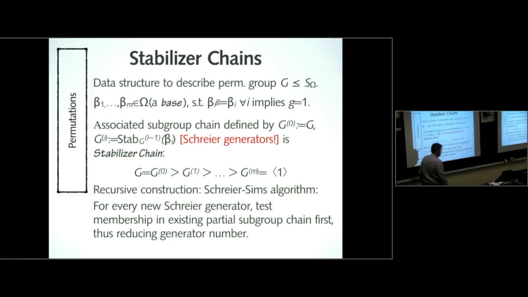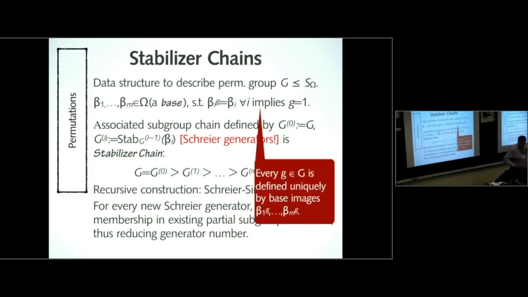How can we compute it? The algorithm for this is called the Schreier-Sims. Oh, sorry, let me mention just one further condition here. This basically means if the identity is the only element which fixes all base points, then if I know the images of the whole base under a particular group element, this defines the group element uniquely.